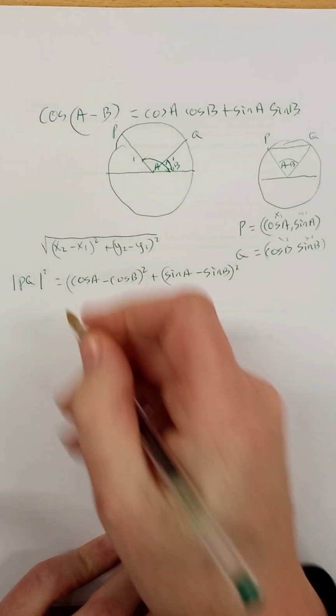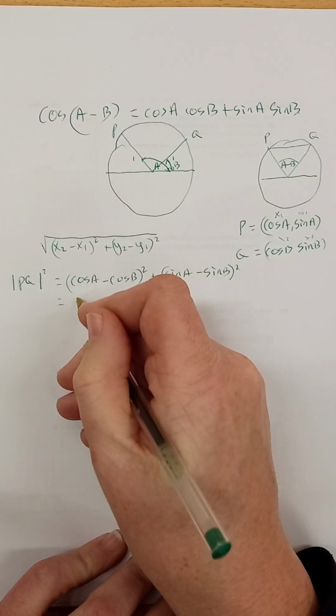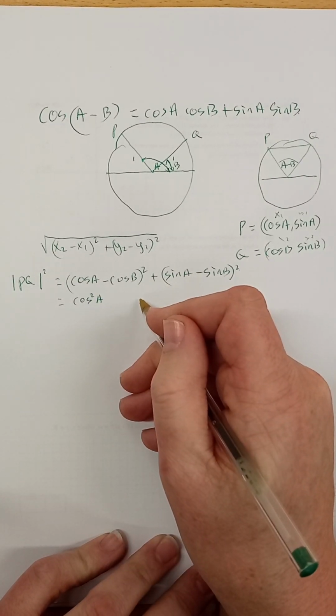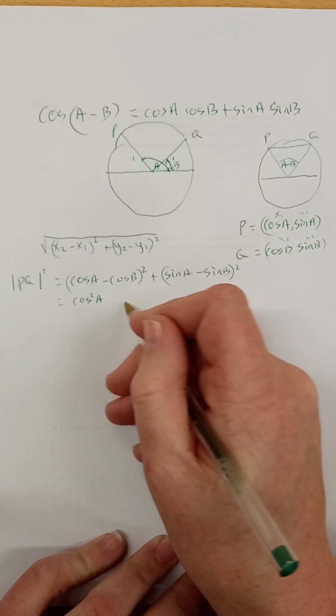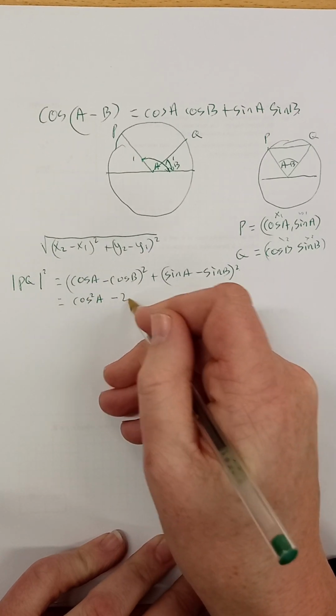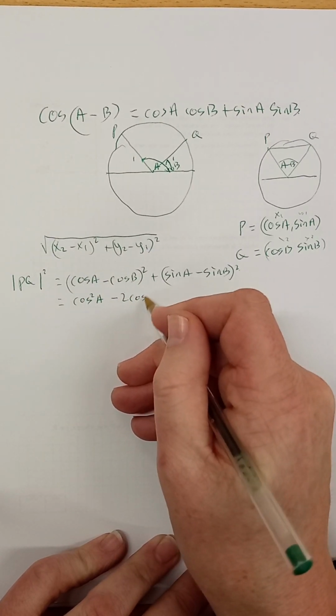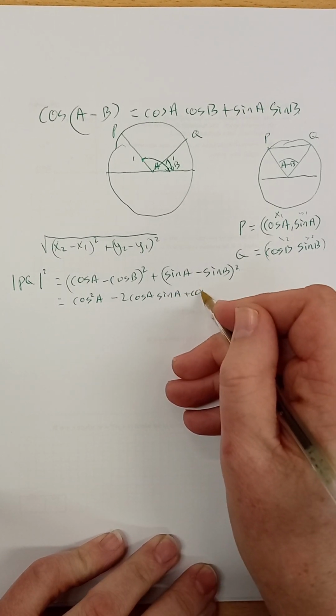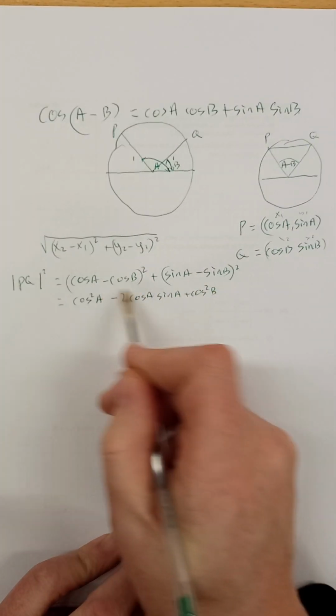Unfortunately we have to square this out, but it's an easy one. Square the left, cos squared A, square the right, cos squared B, and multiply them together, minus 2 cos A cos B. So that's that one then out.